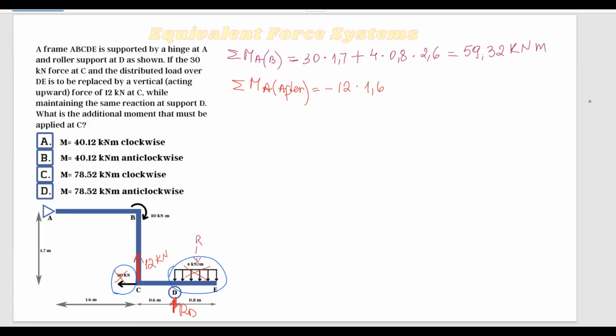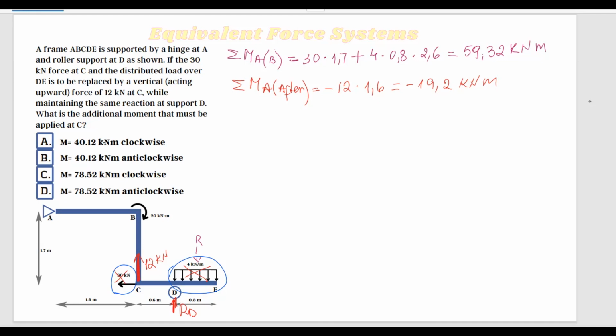So I don't have any other forces, which means the result is 12 kilonewtons multiplied by 1.6, and I get 19.2, and it's negative, counterclockwise, 19.2 kilonewton meters.